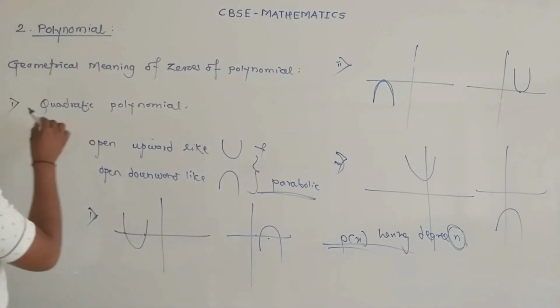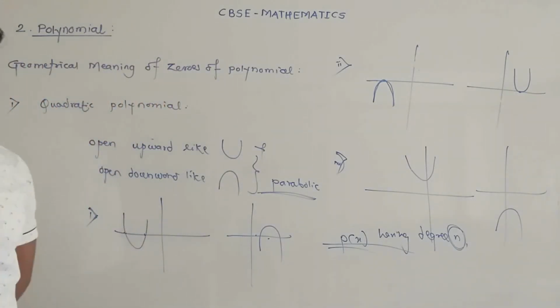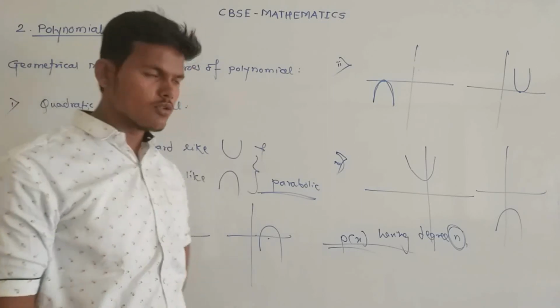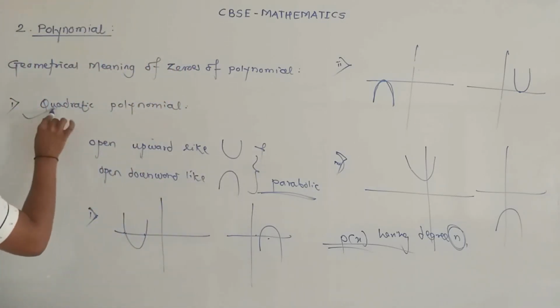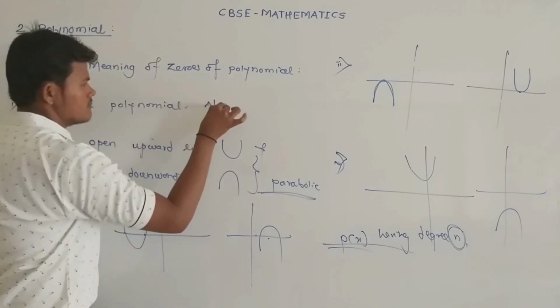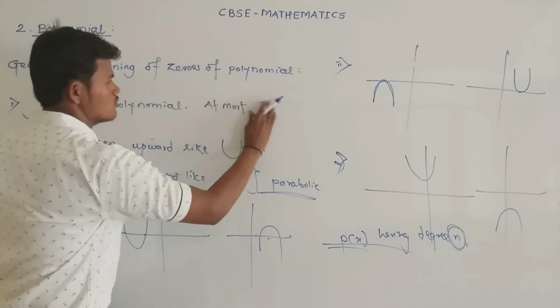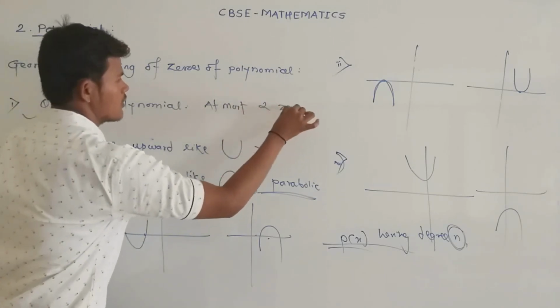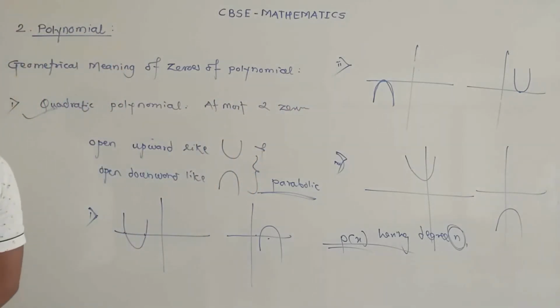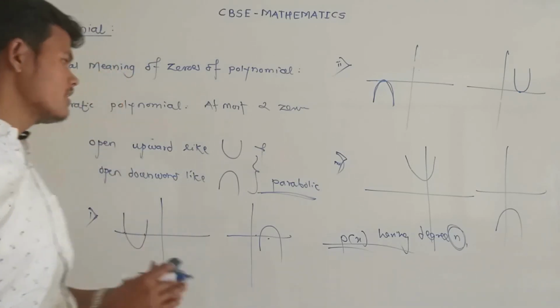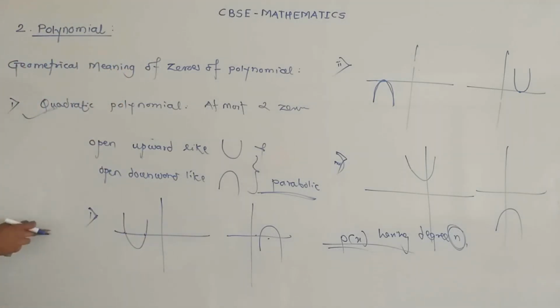That means for a linear polynomial the maximum is one zero. For a quadratic polynomial at most two zeros are there, and for a cubic polynomial at most three zeros are there. This is all about the quadratic polynomial.